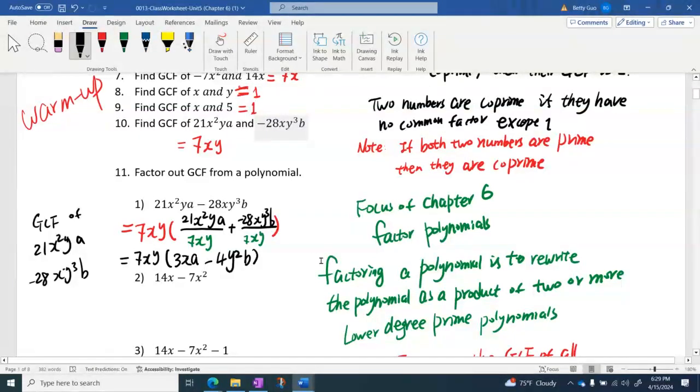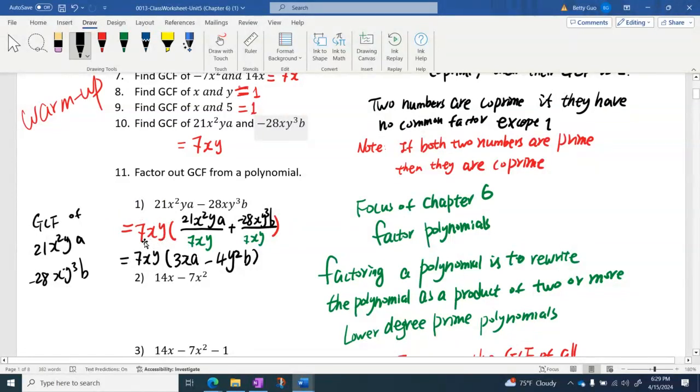And we're done. We just have learned a very, very important technique. It's called factor out the GCF of all the terms in the polynomial. Let me repeat it. In this question, we have a binomial to factor. We observe the two terms in the binomial, and identify the GCF of the two terms. The GCF is 7xy.